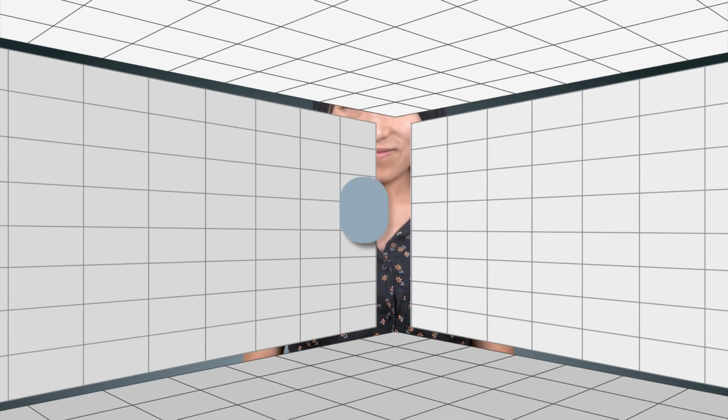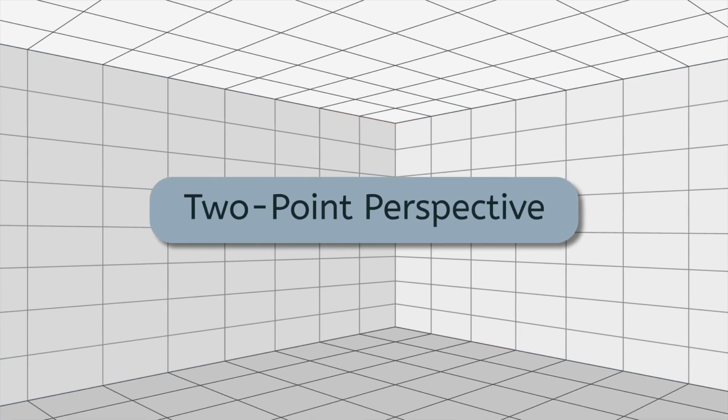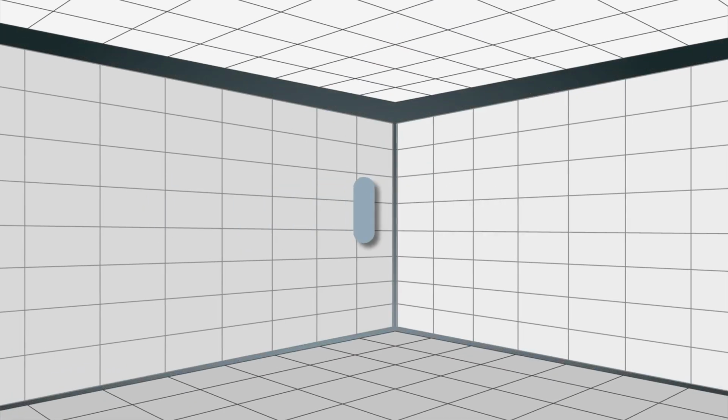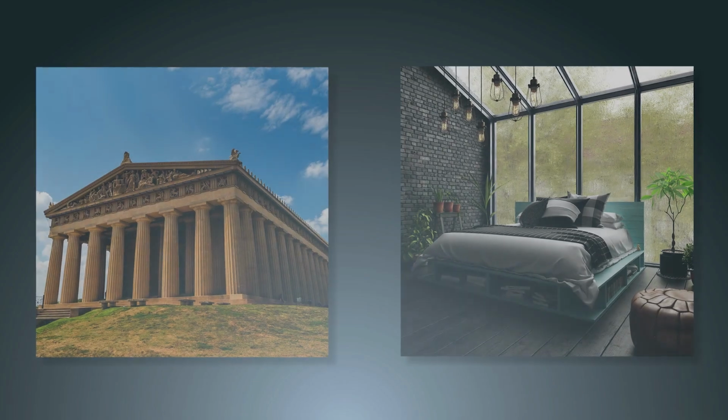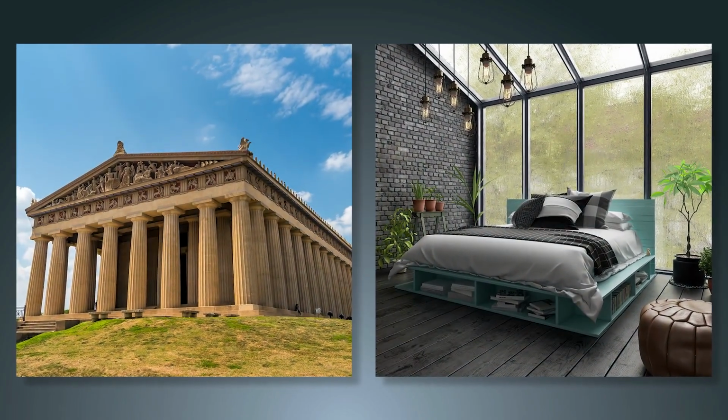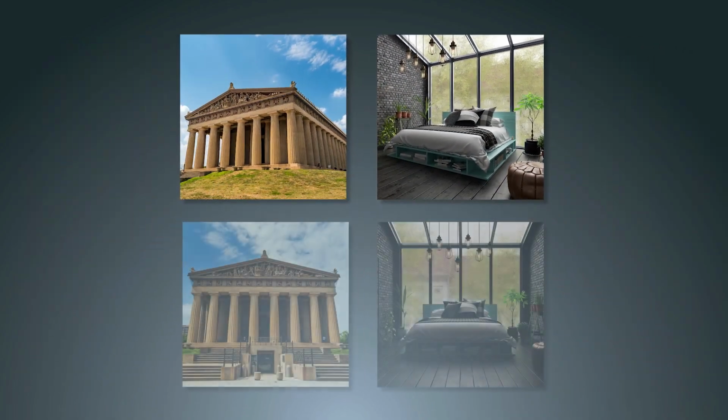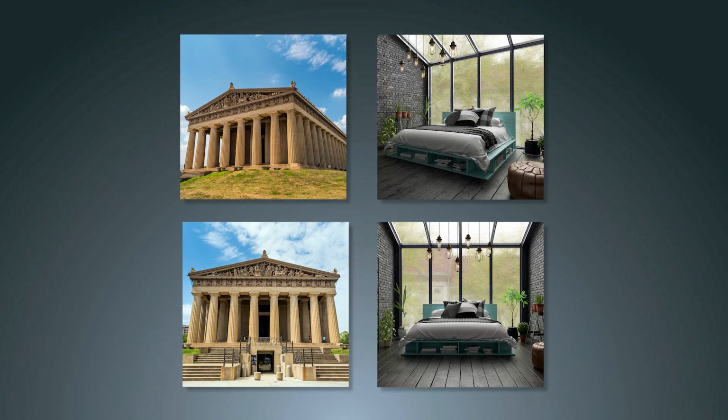So, how do you think two vanishing points will change the way you draw compared to one-point perspective? Both of these images clearly show two-point perspective in real-world settings. In what ways do they differ from these one-point perspective images, which illustrate the technique we learned in our last lesson?